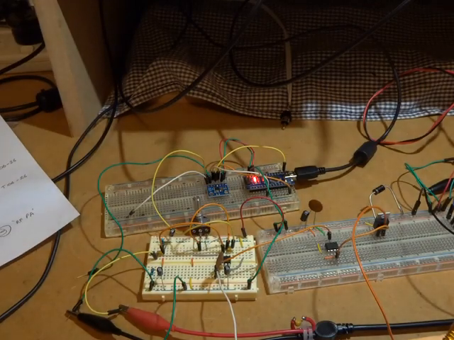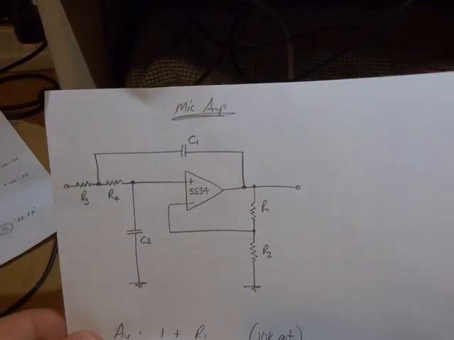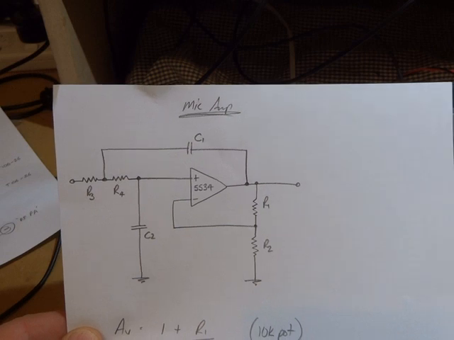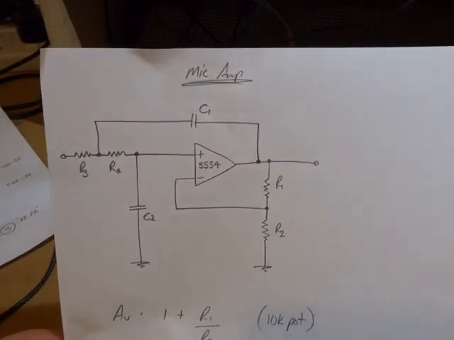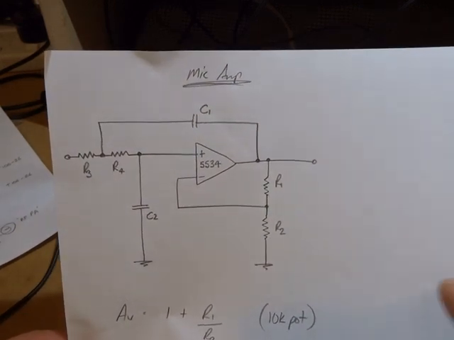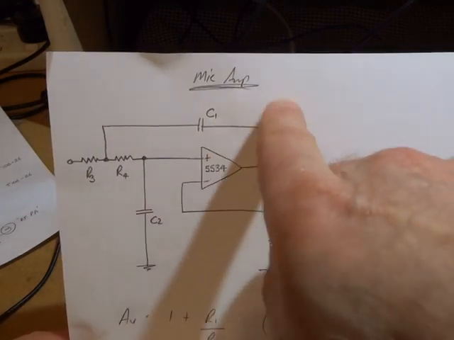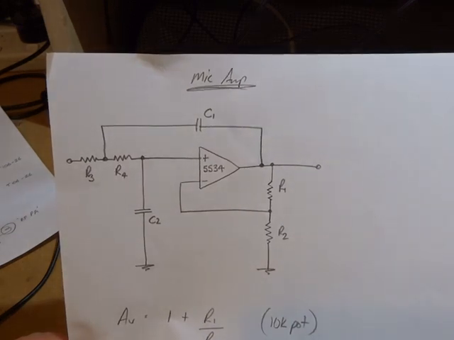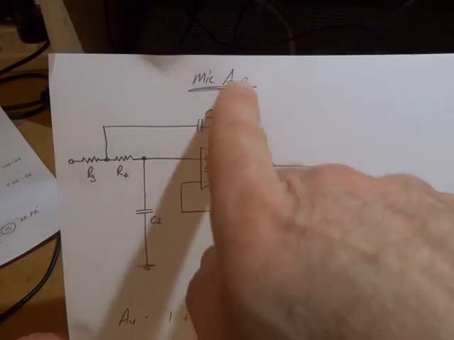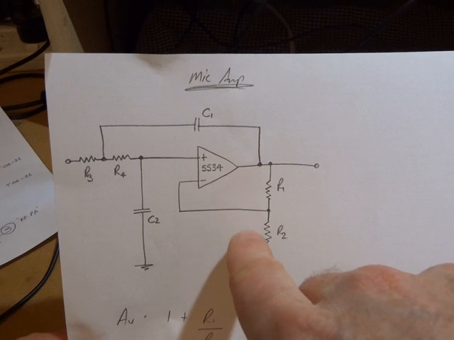So what I'm going to do for that is use another op amp, the 5534, a little low noise op amp, set up to also include on the input an RC low pass filter. So a low pass filter configured op amp.